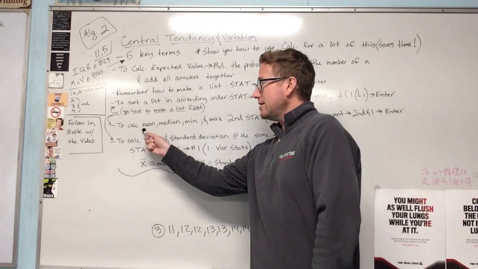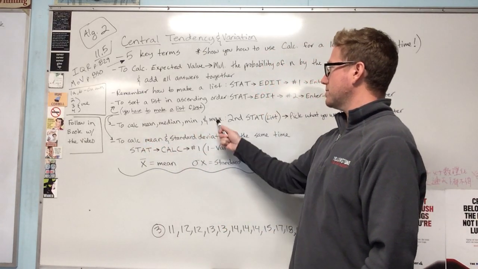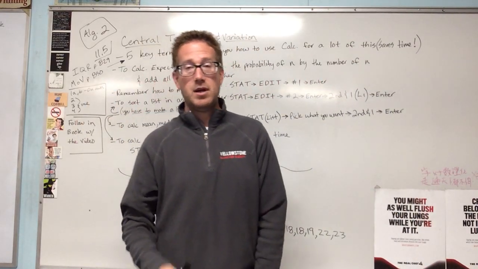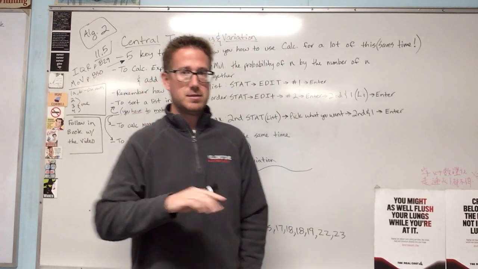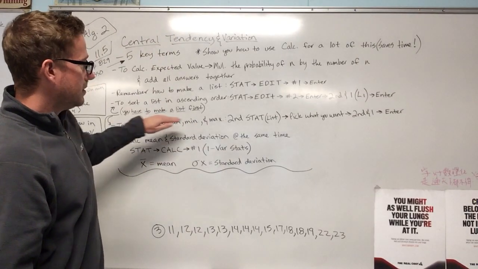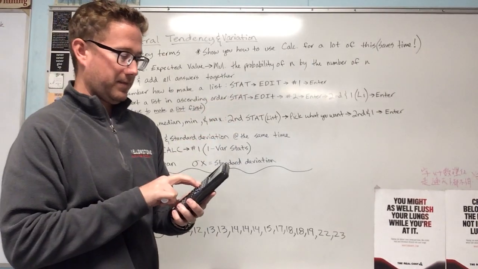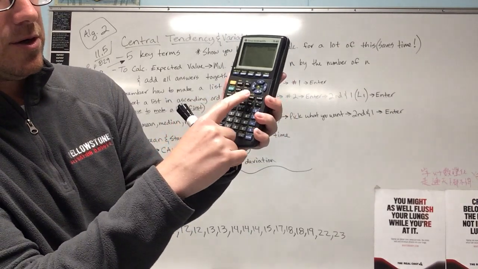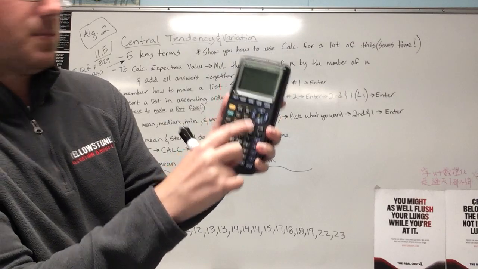If you guys want the easy way to calculate the mean, the median, what's my minimum number, what's my maximum number, the calculator will again do all of that for you. First step, put everything you need into the L1 list, always your first step. Then to calculate it, you're going to hit Second and Stat. So again, that is Second, and then you're going to go over to Stat. And what you're really trying to get is the word list right up above it.